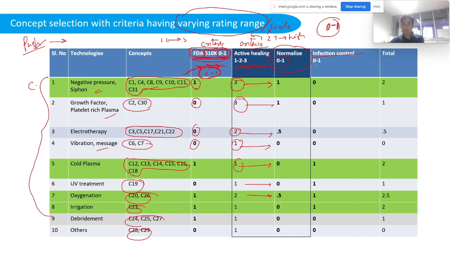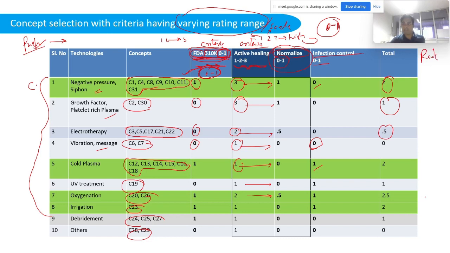Infection control can again be yes or no. Does it control infection? Yes. Or if it cannot, then no. So 0 means no infection control, 1 means yes. Whenever we have criteria with different rating scales, we normalize them to a standard scale which the other criteria also follow. Then we can add up the individual concept scores and place our ranking.